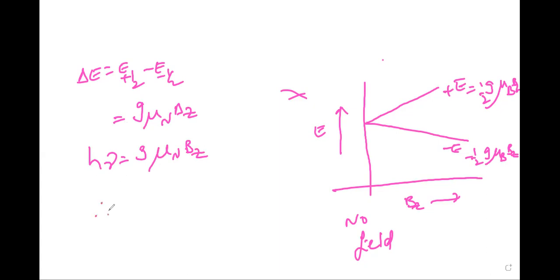Therefore the resonance frequency nu is equal to g mu B Bz by h. The frequency nu falls in the microwave region of the electromagnetic spectrum. Hence the microwave source and techniques have to be applied to record the ESR spectra.